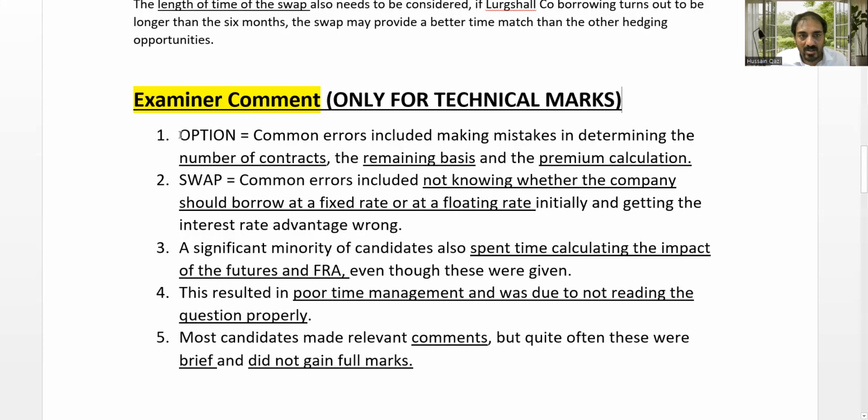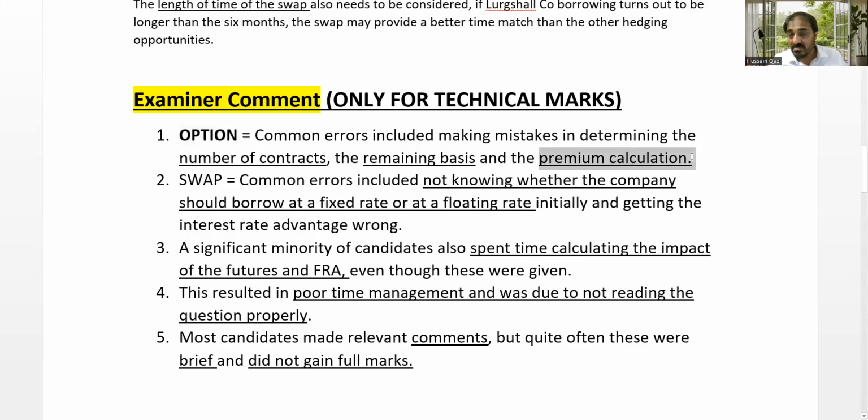Number one, with respect to the option contract, common errors include making mistakes in determining the number of contracts. So you need to cover the formula properly. For the remaining basis, you must be perfect. If I'm going to exit on 1st September and I have taken the September contract, then the remaining period is 1 month.